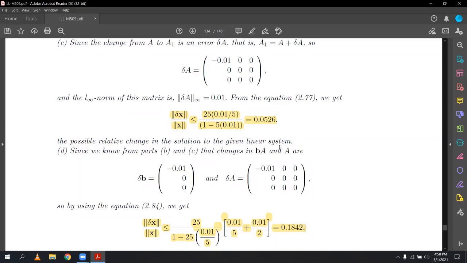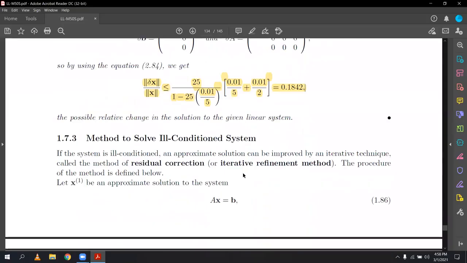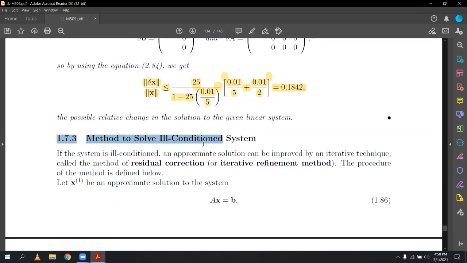But there are methods available which can improve the accuracy and improve your approximate solution, and I discuss only one method here. We call it the method to solve the ill-conditioned system.